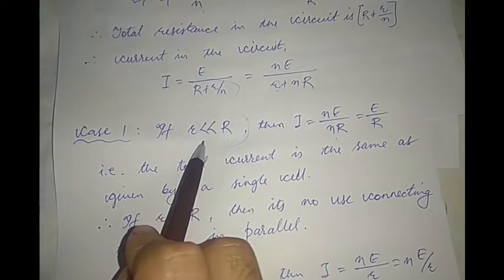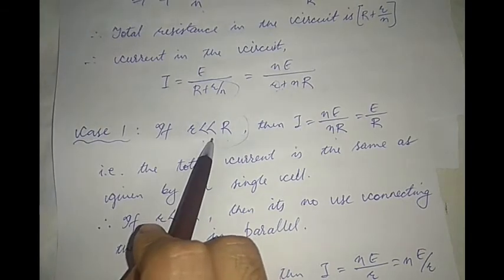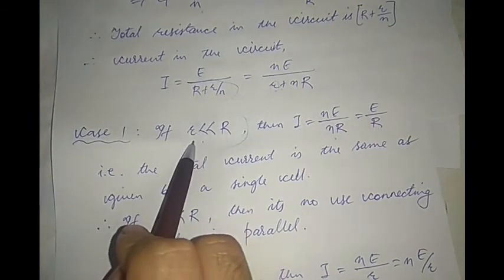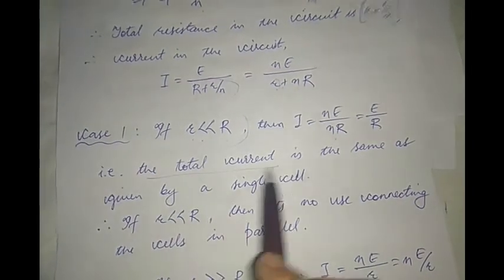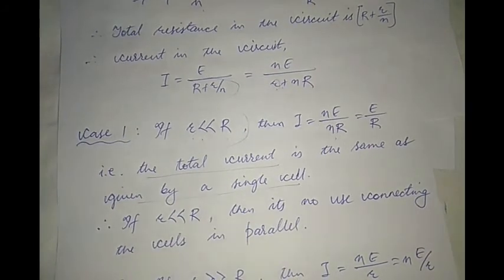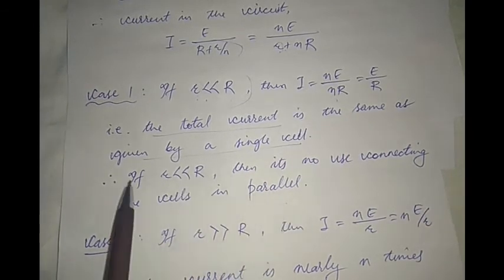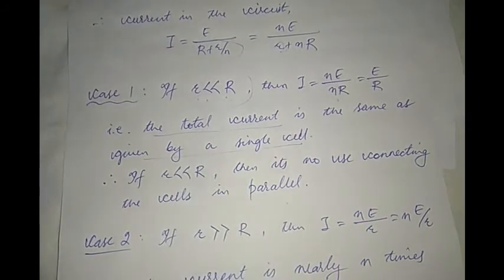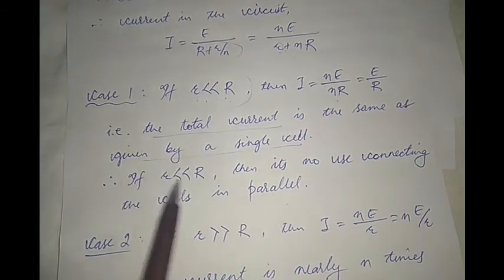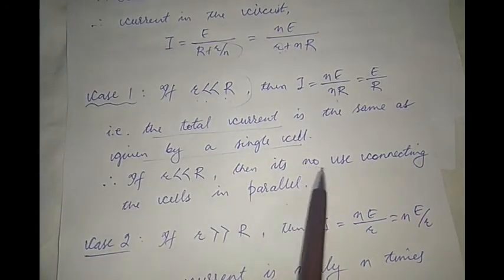Because when we connect them in parallel in this case, the total current is the same as the current given by a single cell. So it is not at all advised to connect the cells in parallel if r is much lesser than capital R, it's no use.